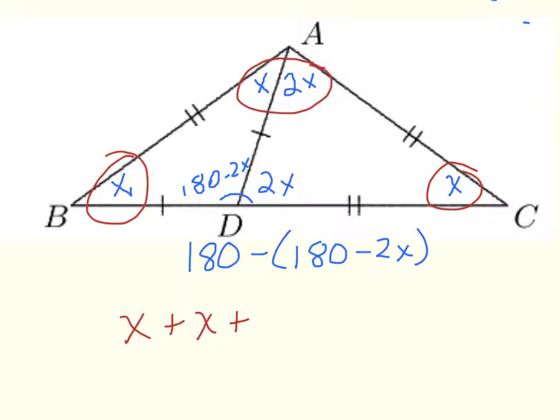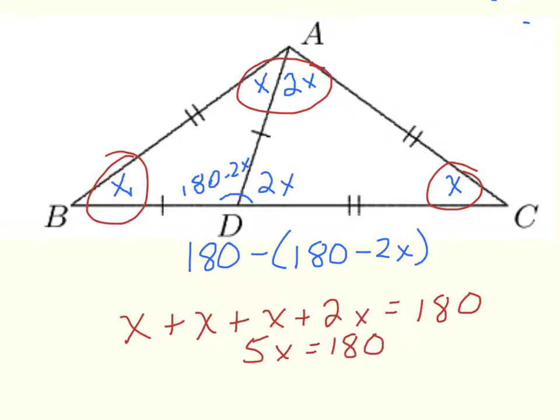That's 3x, right? I'll just put x plus 2x. That equals 180. We get 5x equals 180. X equals 36 degrees, and we're done.